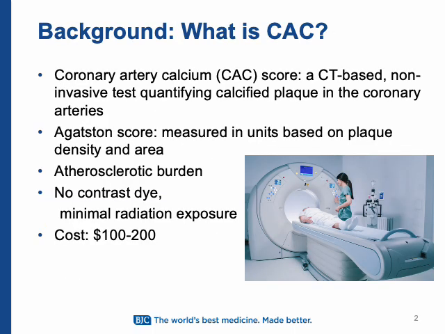The coronary artery calcium, or CAC score, is a simple, non-invasive CT scan that measures the amount of calcified plaque in the coronary arteries. It's done using a low-dose CT scan that is synchronized with the heartbeat so that the pictures are clear. During the scan, the patient lies flat on the CT table. EKG leads are placed on the chest, and the machine takes rapid images that are gated into the cardiac cycle.